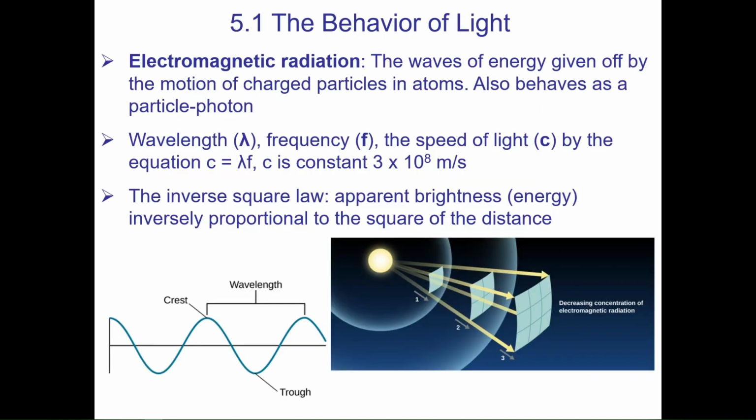Let's look at what light actually is and the behavior of light. Light, or sometimes we call it visible light, is a type of electromagnetic radiation. Electromagnetic radiation is the wave of energy given off by the motion of a charged particle in an atom.